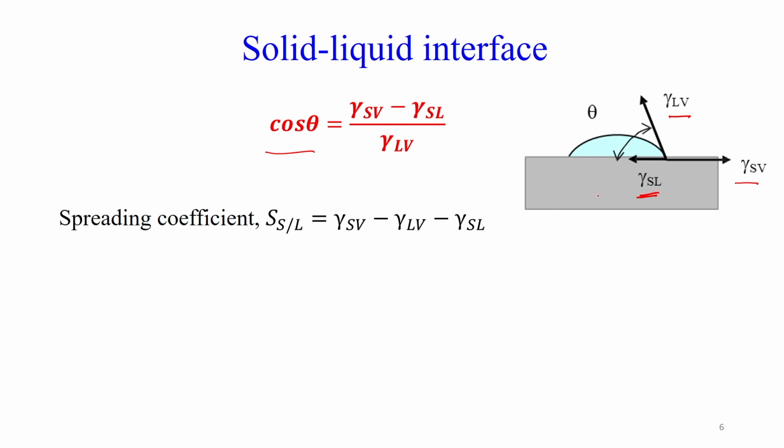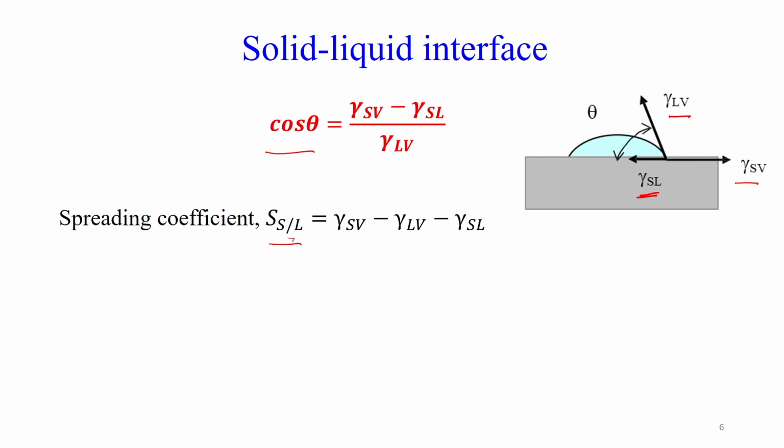And here again, similar to the cohesion, we can calculate the spreading coefficient S. So, S will be gamma SV minus gamma LV minus gamma SL. If you remember the last slide, we calculated the spreading coefficient as the difference between the work of adhesion and work of cohesion.